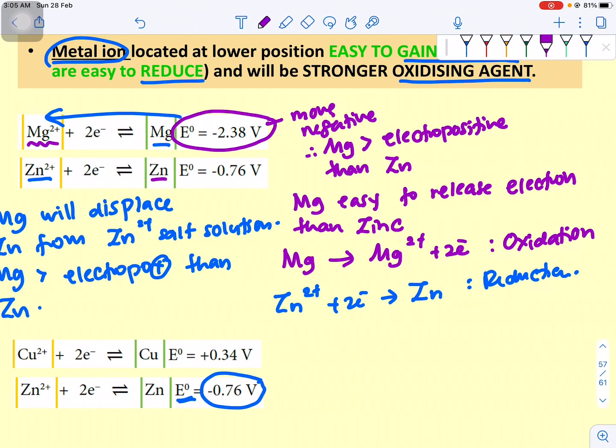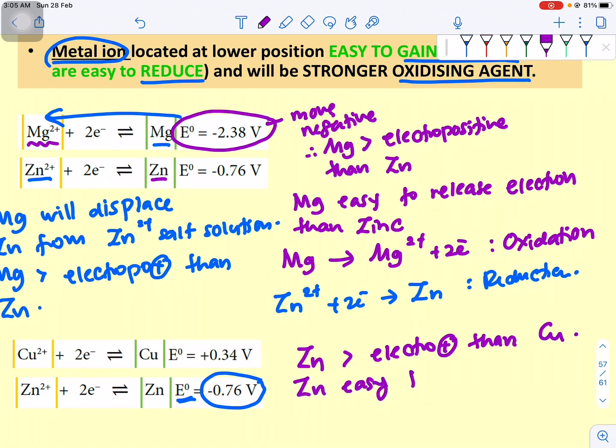So bila Zn yang menang, apa yang akan berlaku? Zn ni akan release elektron sebab E° dia negatif. So Zn ni more electropositive than Cu. Bila dia more electropositive, Zn akan jadi easy to release electron.